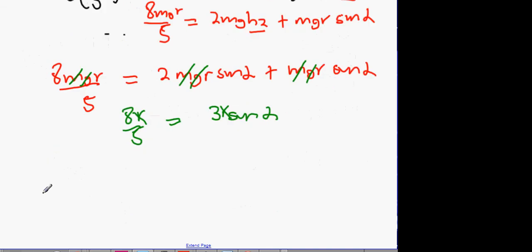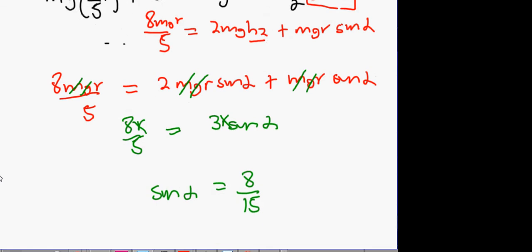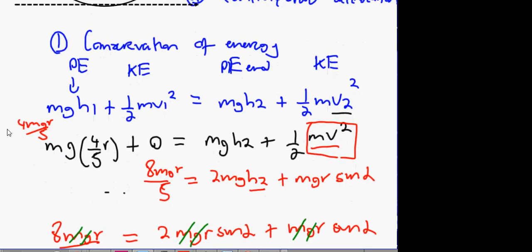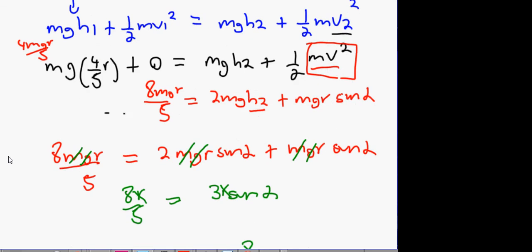Okay? Now, this 8 over 15, okay, so we had a formula earlier on that said mv squared equals mgr sine alpha.